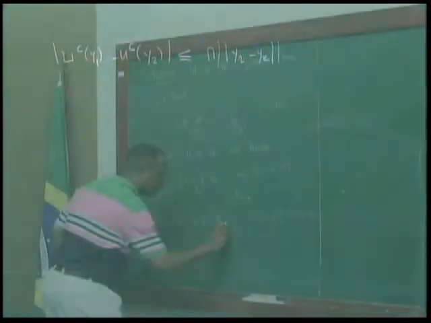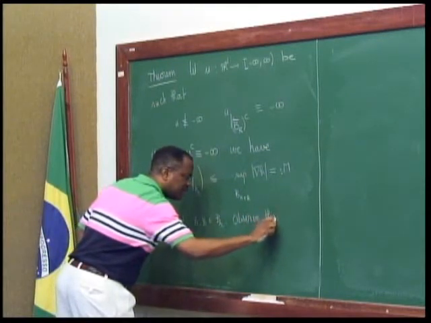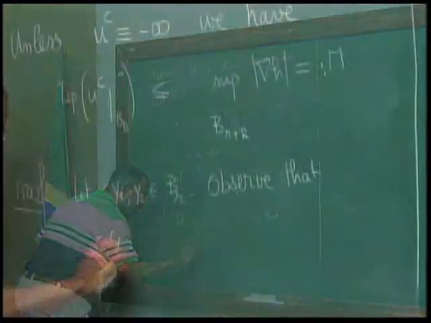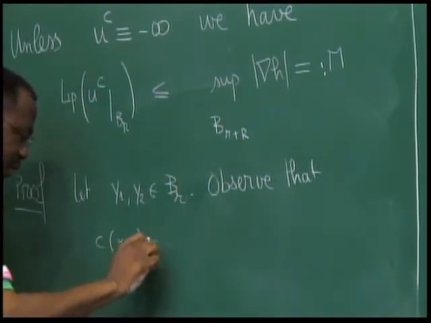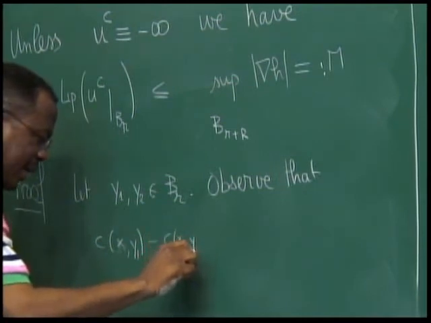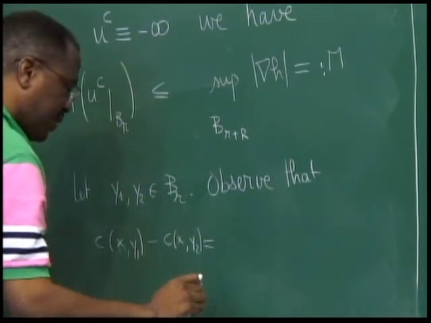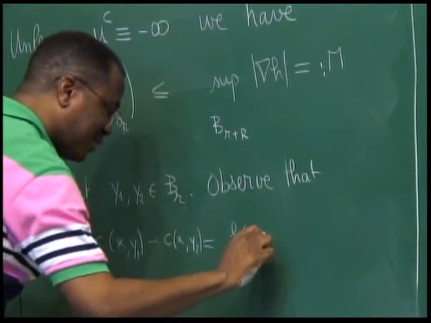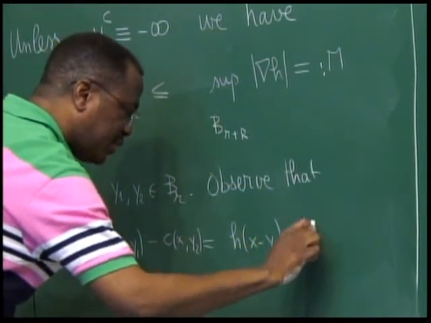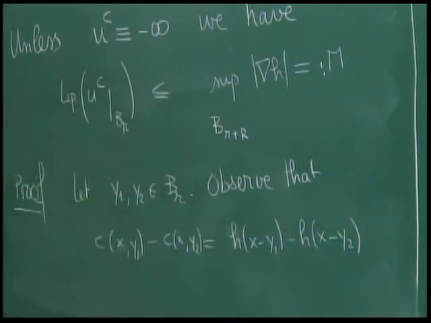We have observed that if I write C of x, y1 minus C of x, y2, this is h of x minus y1 minus h of x minus y2, because C of x, y is h of x minus y.